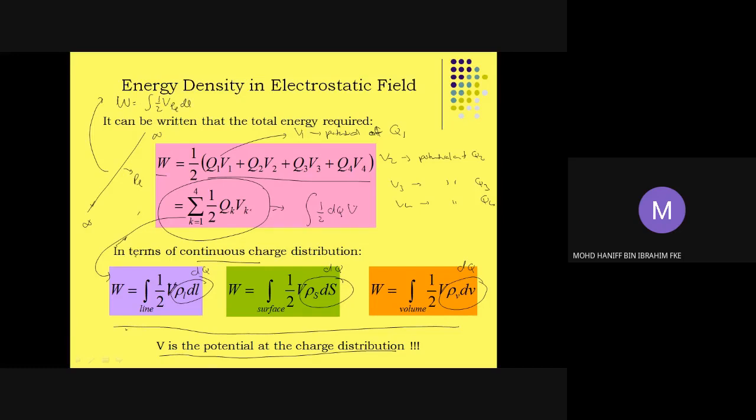In this particular case, you only need to find out what the potential V should be. V is the potential on the line charge. So that should be your equation that can be used to calculate the work or the energy of your charge distribution or charge structure. Okay.